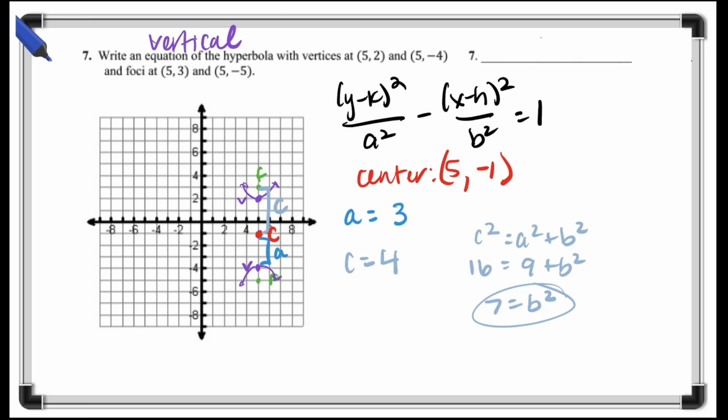So you have your formula as (y minus your k value, that becomes a plus 1) squared over a squared, which we know is 9, and then we are subtracting (x minus 5) squared over 7, and that is equal to 1.